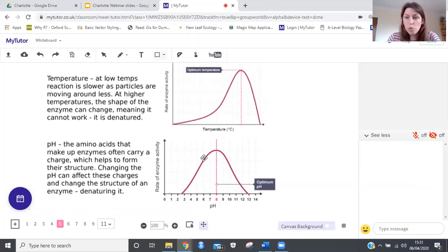It works more and more efficiently and faster. And then at about 8, so that's quite near to neutral pH, that's its optimum pH, that's where it works best. And then as pH increases and becomes more alkaline, we see that rate decrease again until at 13 it's not really working at all.